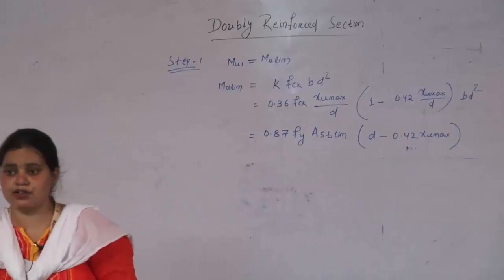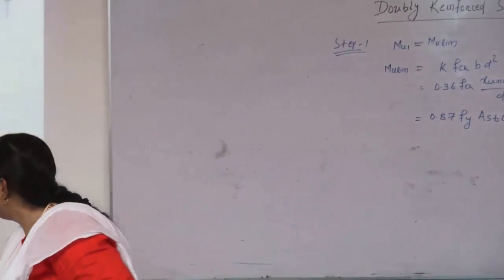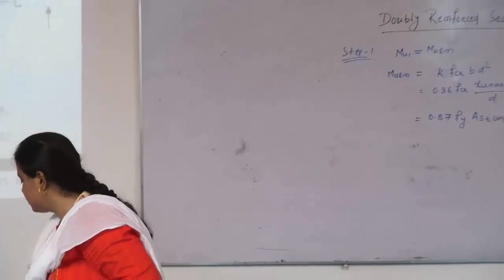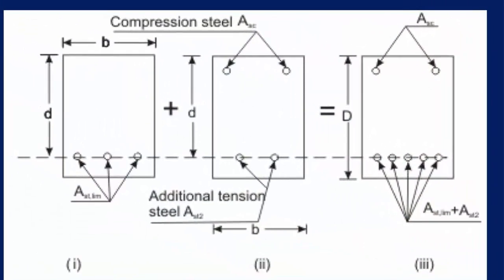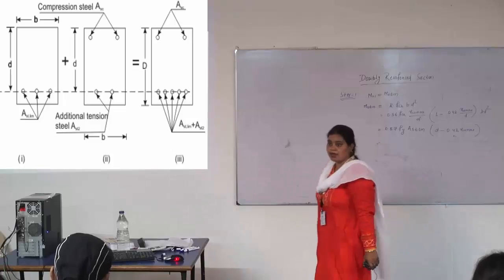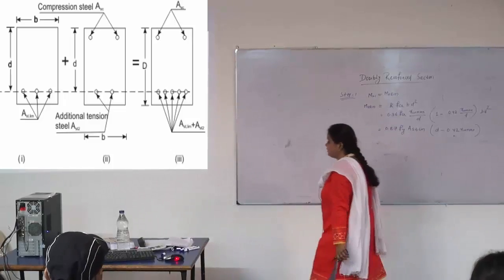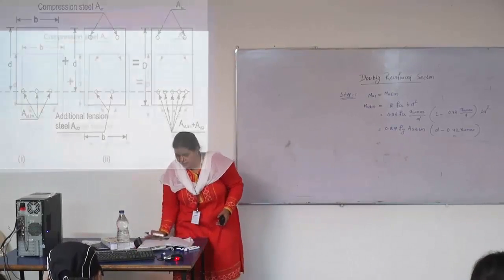First, you are going to find out the moment of resistance of which beam? Singly reinforced beam. That is the moment of resistance formula for the singly reinforced beam. Then you come to the second beam. What is the moment of resistance for that?